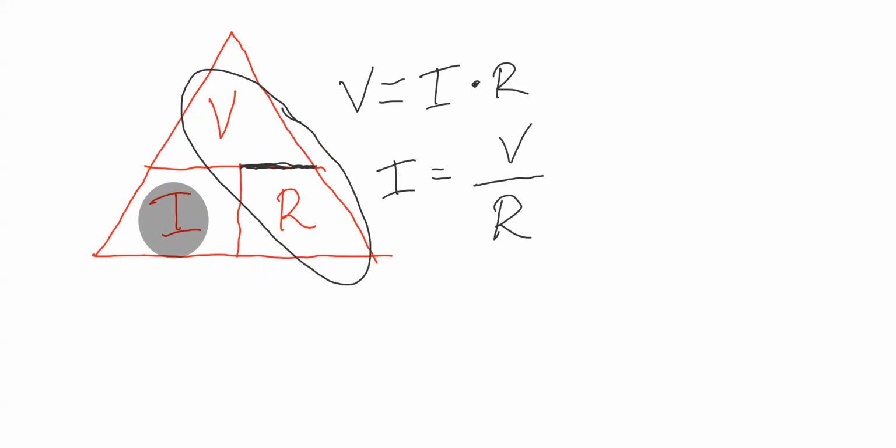So we can use this triangle to help us memorize that if I cover the I, then my equation changes to V over R. And I'm looking for current or amps. When I covered the V, I was looking for voltage, okay?